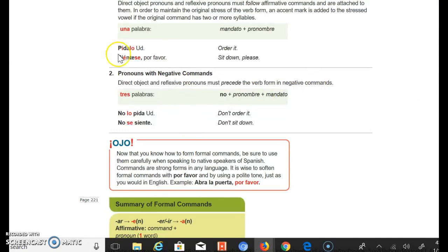Siéntese, sit down. See the E there? Siéntese. So the third from the last syllable is stressed, so you'd always write a written accent on that. And that's usually the pattern when you have a 3-syllable command there.